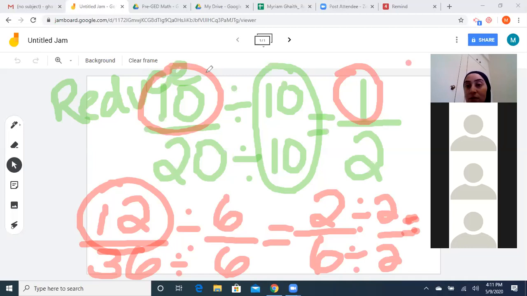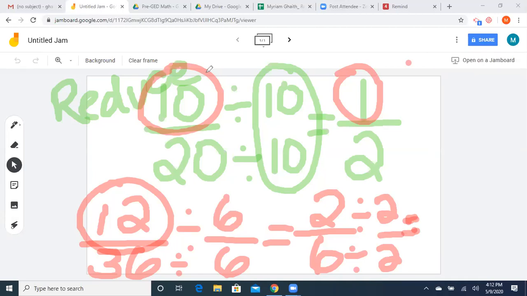Okay, let me reduce my screen so I can, Miss Mariam, yes, when we choose the number and divide it, the first number is the same all the time, right?